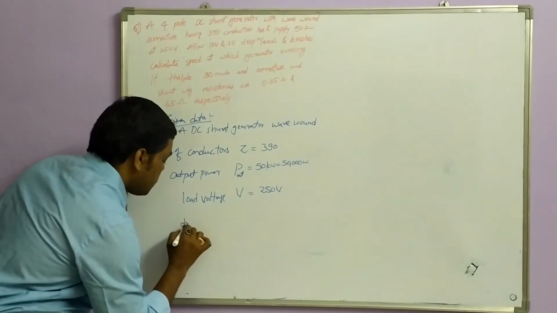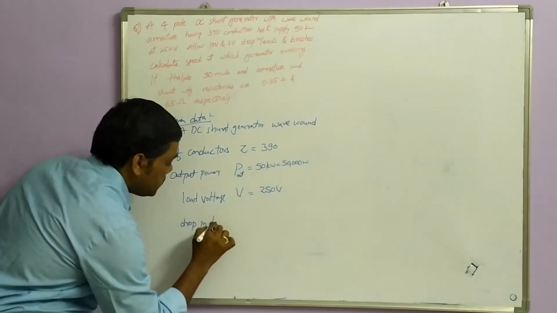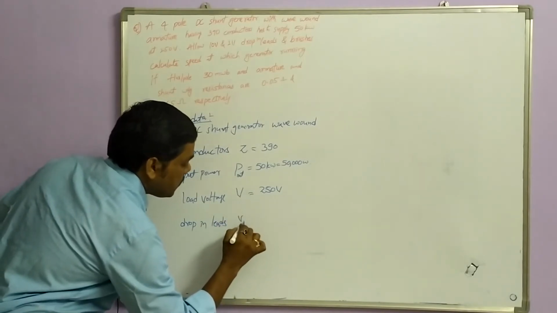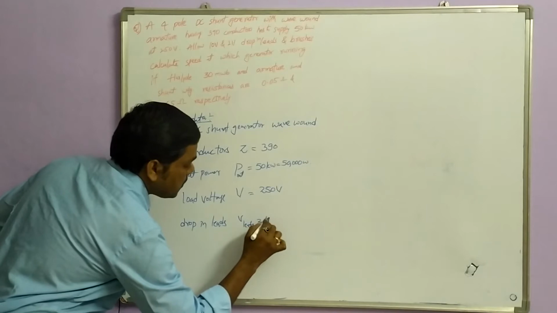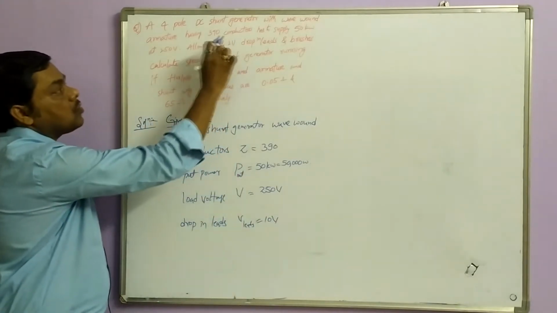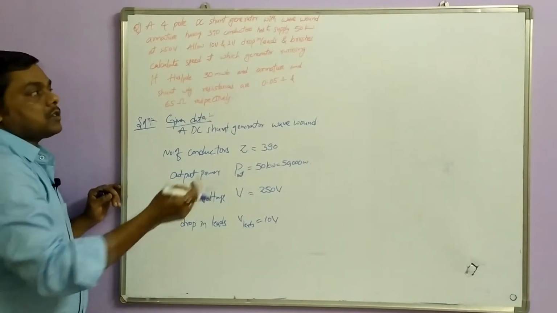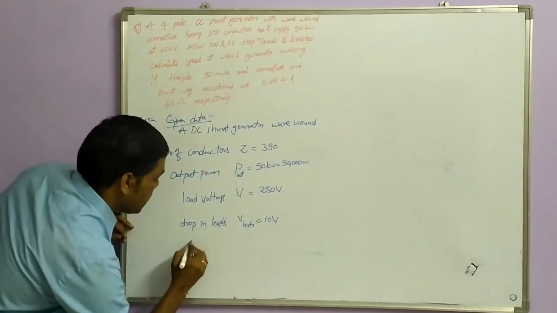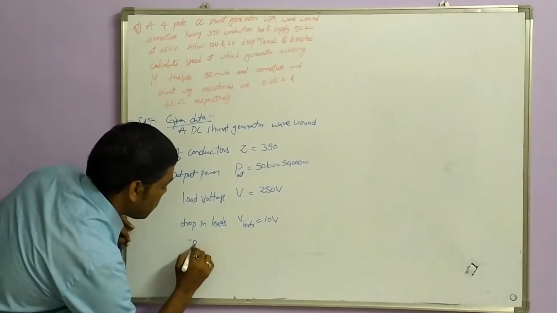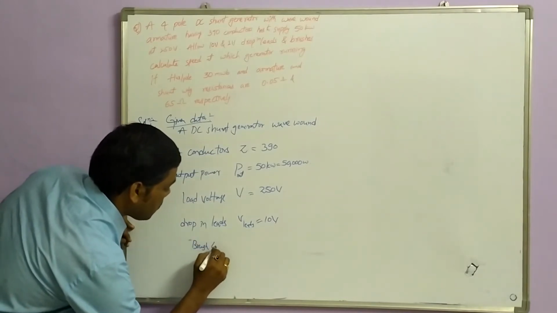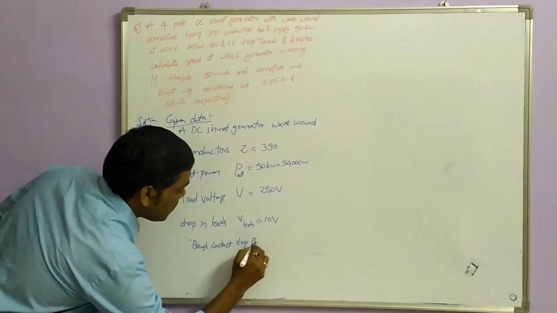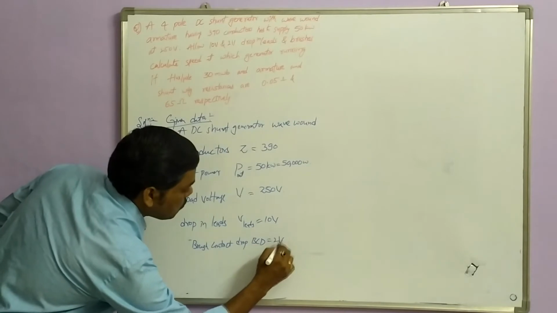Again, the drop in leads, we can write as V leads drop, is 10 volts, given separately. For brushes it is given as 2 volts, and the winding leads connection drop is 10 volts. The brush contact drop, BCD, is equal to 2 volts.